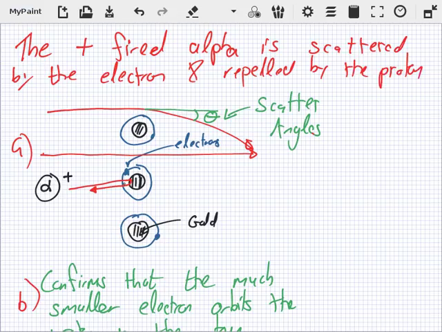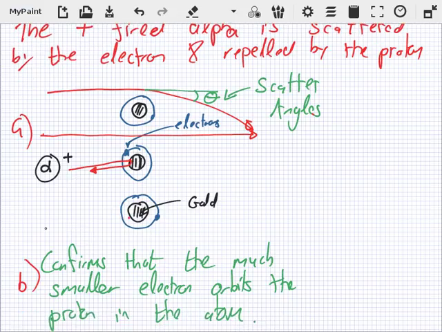So the alpha bounces back on the proton and is deflected by the electron. It's also deflected by the proton too if it just about misses it. Like if it's like here, it'll be deflected too.